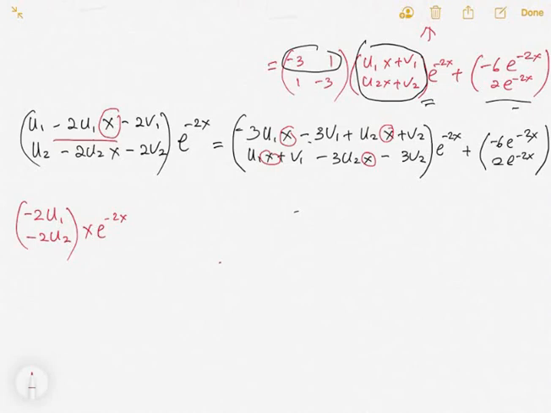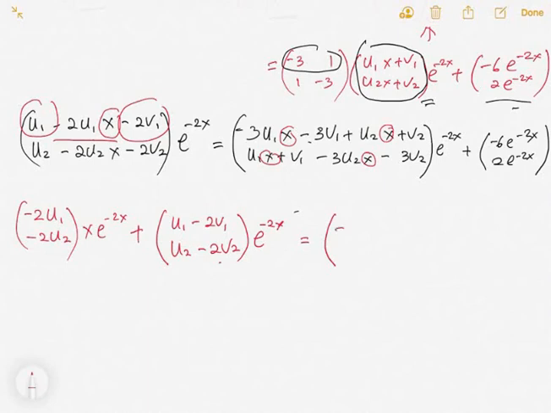And then plus with exponent negative 2x. So you have this part and then another one here. Okay, so you have u1 minus 2v1 and u2 minus 2v2. This is for the exponent negative 2x, equal to, so the right hand side is also the same.